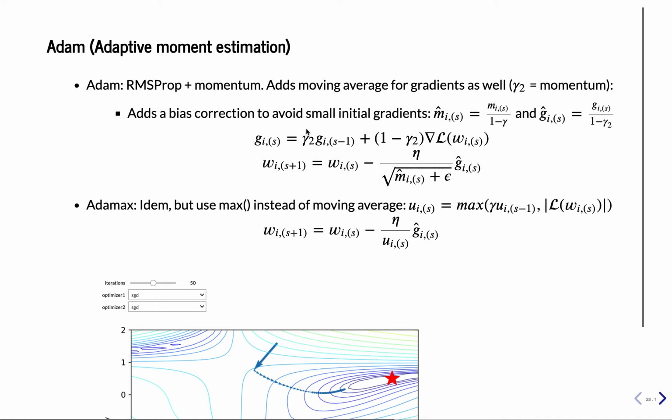For instance, it adds a bias correction because they observed that in the first few steps of gradient descent, you will get very, very small gradients. So it learns very slowly in the initial few steps.